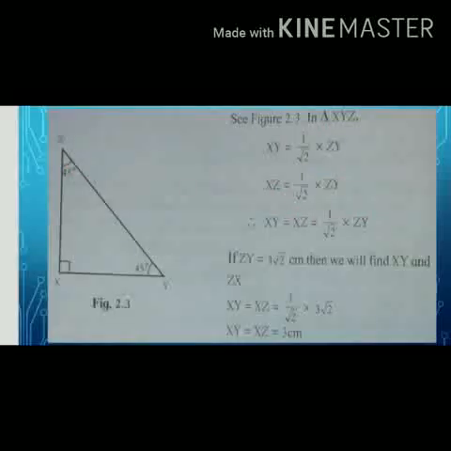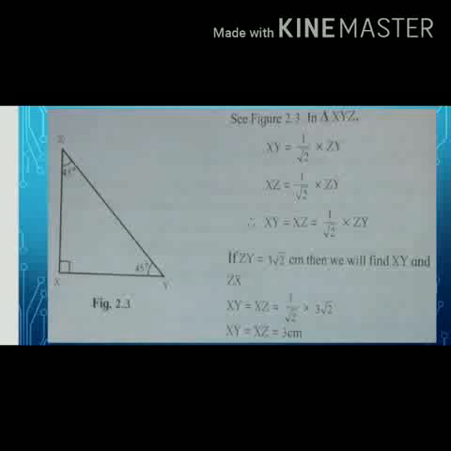As shown in the figure, we have seen the triangle XYZ. In triangle XYZ, angle Z is 45 degree, angle Y is equal to 45 degree, and angle X is 90 degree.